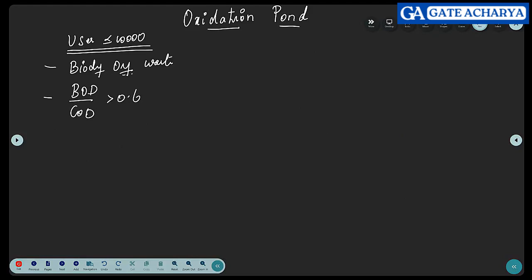Whenever the users fall below 10,000 and we don't have a proper treatment sequence, and if it is biodegradable organic waste, then the waste can be treated by oxidation pond, so that we get 90% BOD removal.